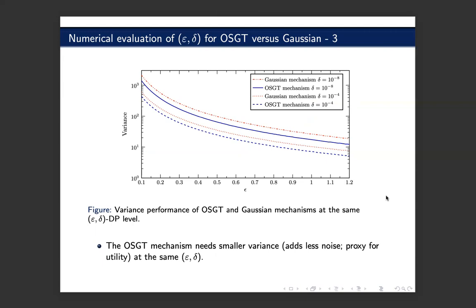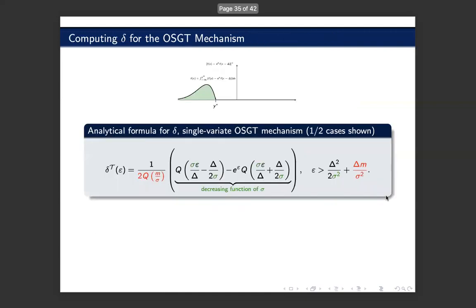And you can see again that if you compare these two or these two, OSGT requires a smaller variance compared to the corresponding Gaussian distribution. So overall, the privacy-utility trade-off, proxied by variance, is better. Overall, a better trade-off is achievable.